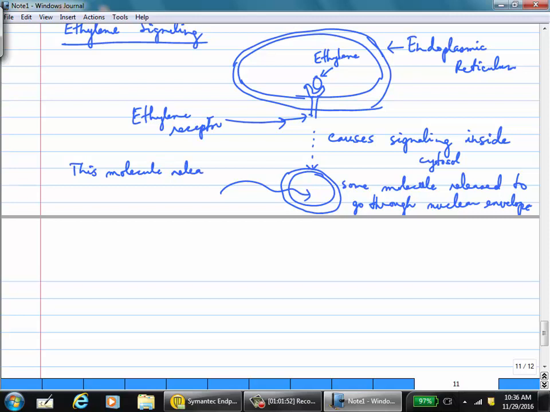So this molecule releases the brake on transcription of ethylene responsive genes.